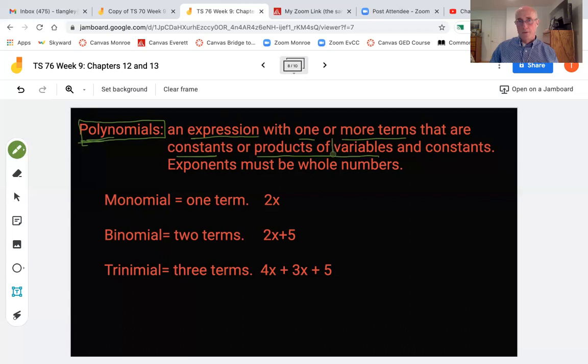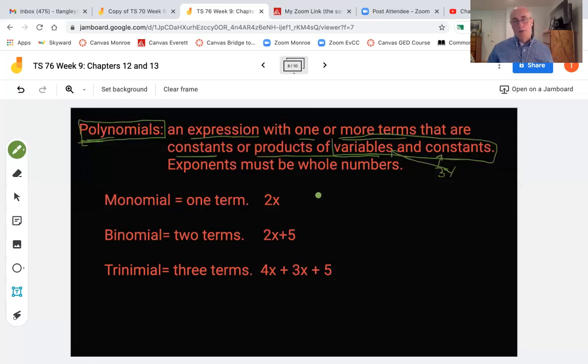A product of a variable and a constant would be like 3y. That is the product, that's multiplied. There's my constant and there's my variable. That is a product of them. And then the exponents must be whole numbers.